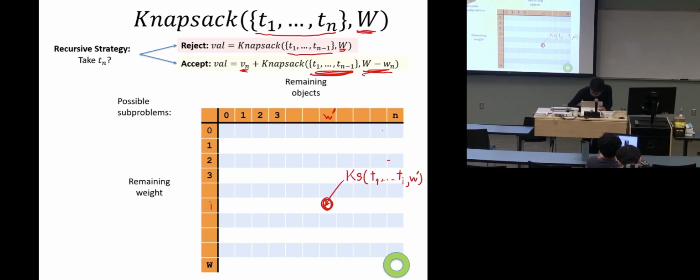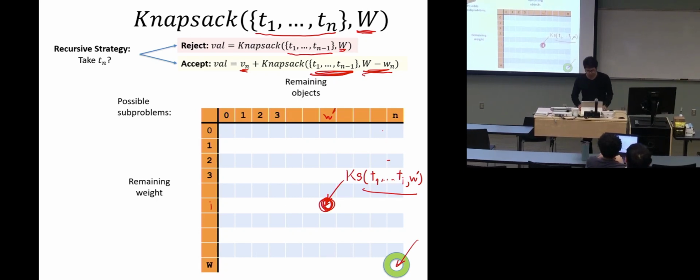So each entry of the table is just an optimal solution of a subproblem that you might need to look at, and what you need is just the last entry in this table, like before.